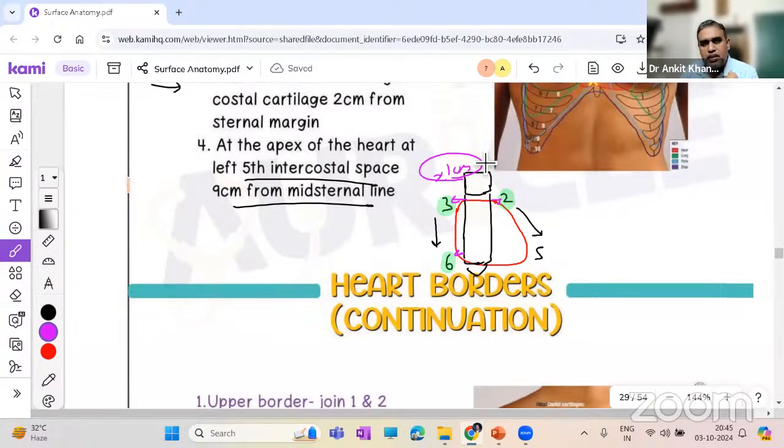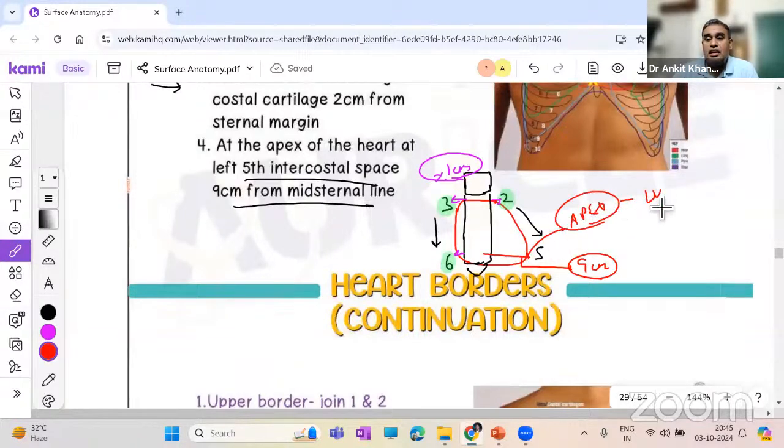So remember 3, 6, 2, 5. And these 3, 6, and 2 are very close to the sternal margin. This apex part over here is around 9 centimeter from the mid-sternal line. This is the region of the apex of the heart where we feel the left ventricle, the cardiac impulse over here.